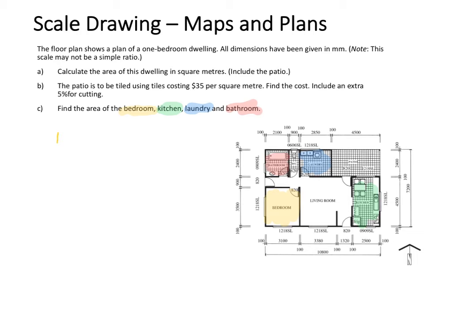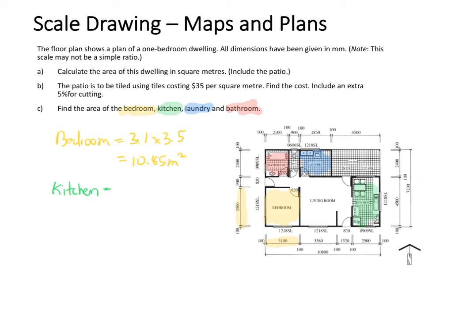So starting with the bedroom, that is going to be 3,100 multiplied by 3,500. So the area of the bedroom is going to be 3.1 times 3.5, which is equal to 10.85 meters squared.